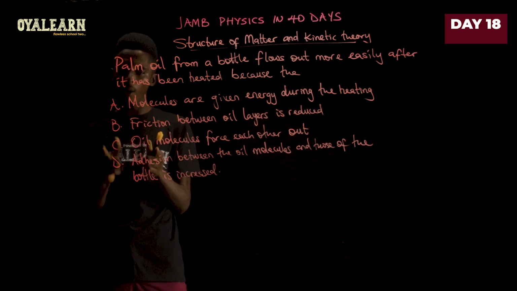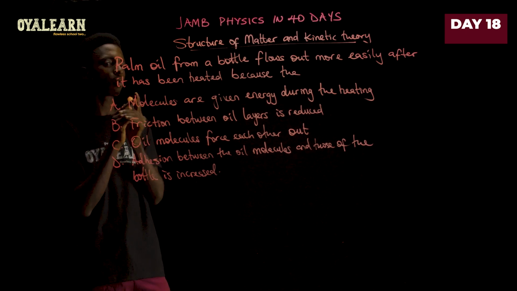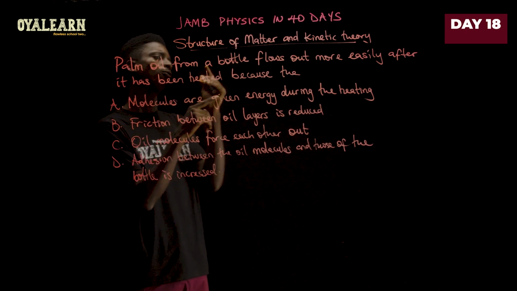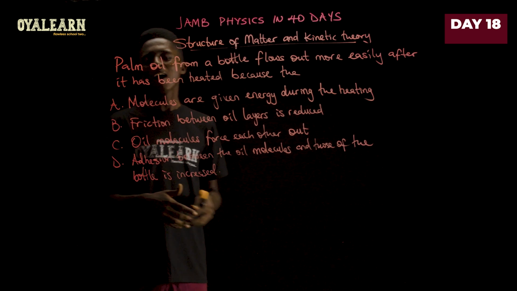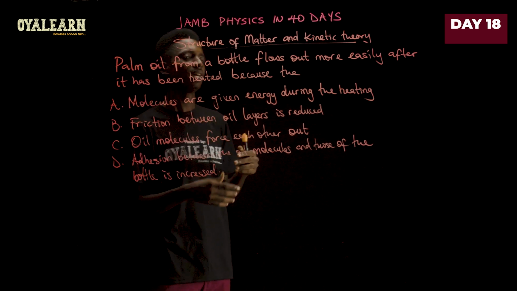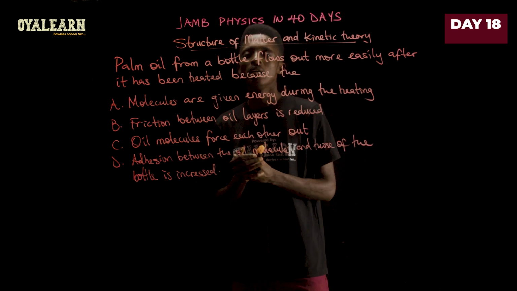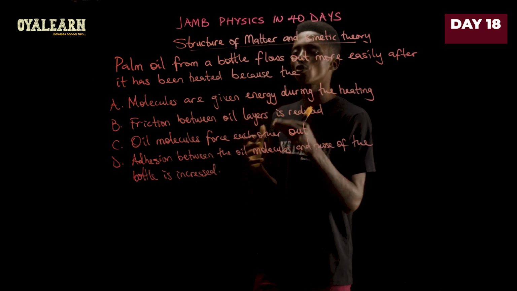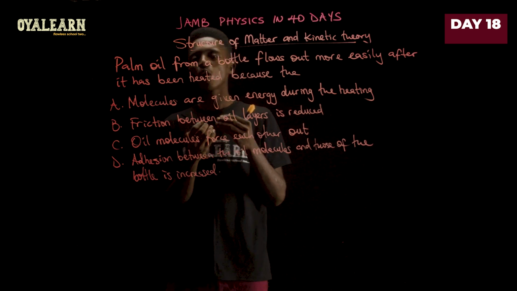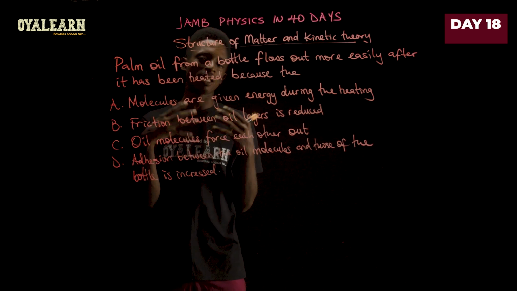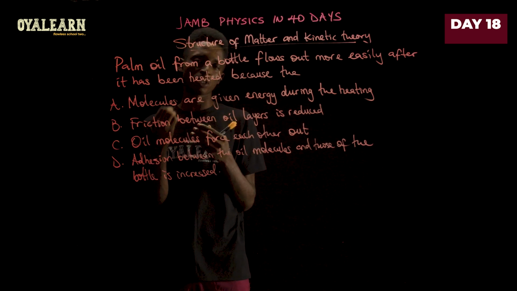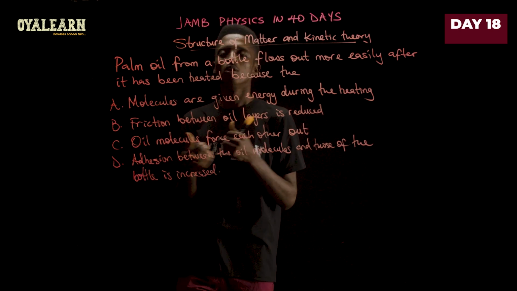So keep them coming. Now, to answer this question, it says palm oil from a bottle flows out more easily after it has been heated. Because now we know that palm oil is a viscous fluid, which is why when it cools down, it is more difficult to pour it out of a bottle. It becomes very much viscous, more like a semi-solid, right?